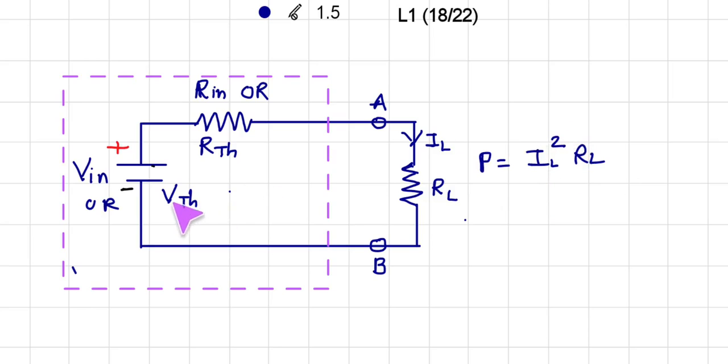But we know that the current in the circuit IL depends on the value of the total resistance in the circuit, that is RL and Rin. So if we go on changing the load resistance RL, obviously the total resistance in the circuit will change. Ultimately the current value IL will change. So when we go on changing the value of the load resistance connected, then the power delivered also changes.